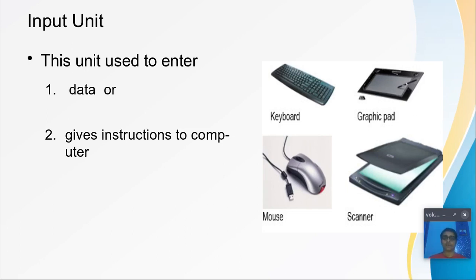Like in our earlier example, where we double clicked on the movie Lion King. For double clicking it, what we need is an input unit or input device.